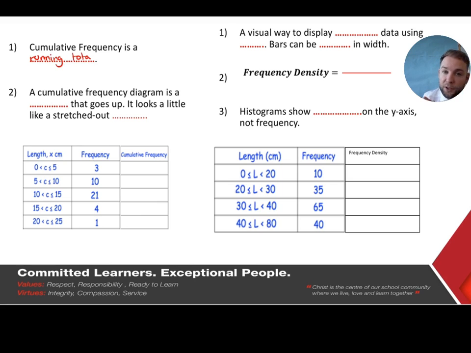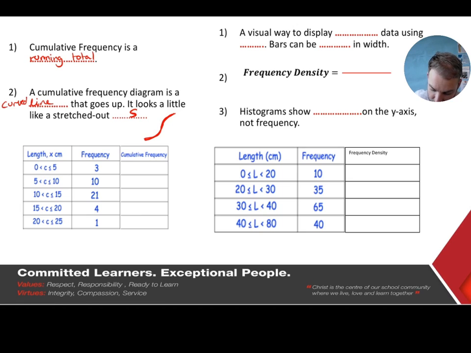So, a cumulative frequency diagram is a curved line that goes up, and it looks a little bit like a stretched out S.